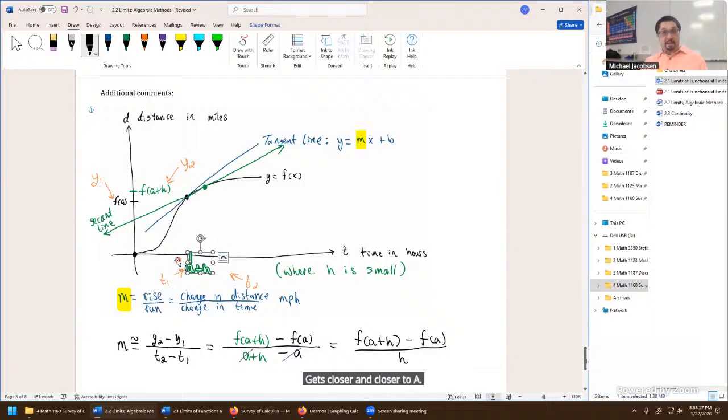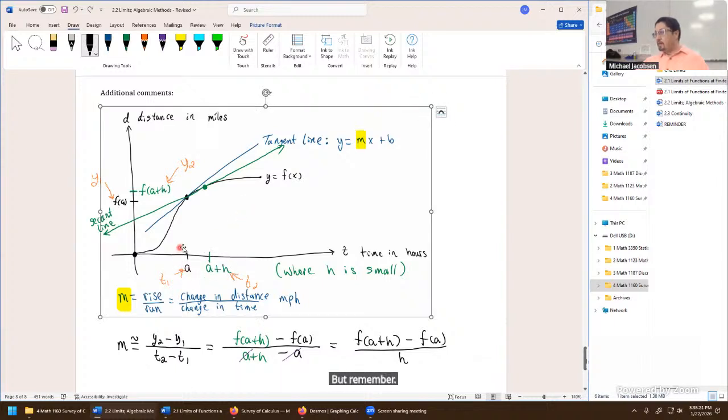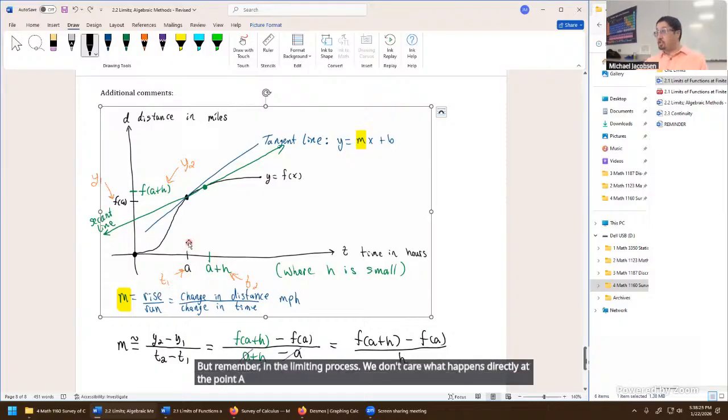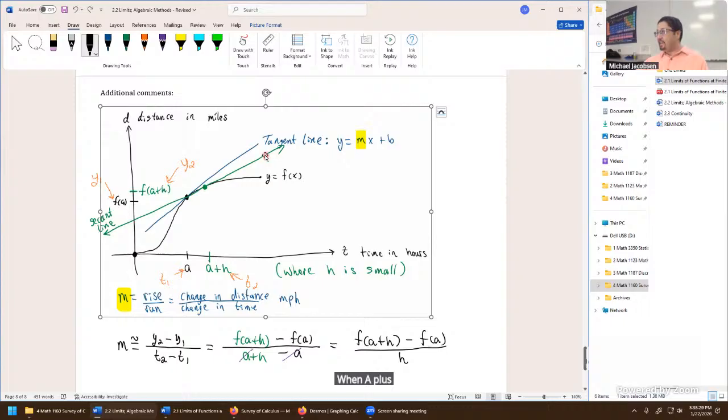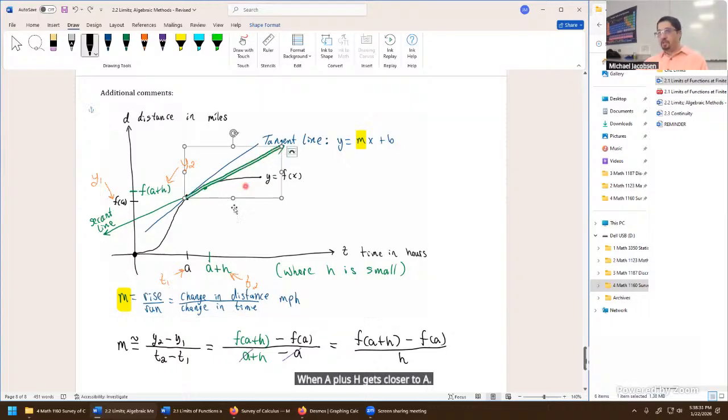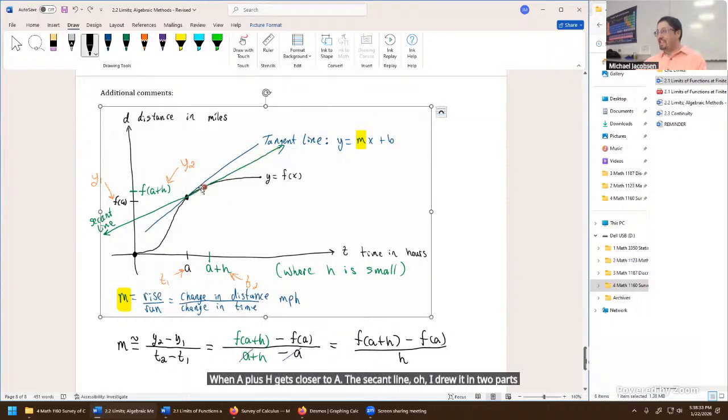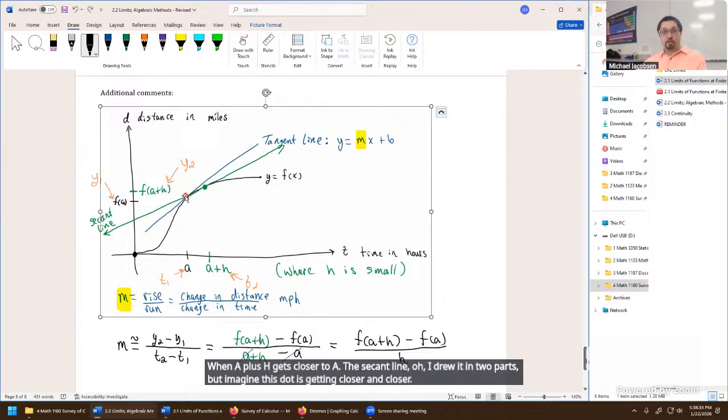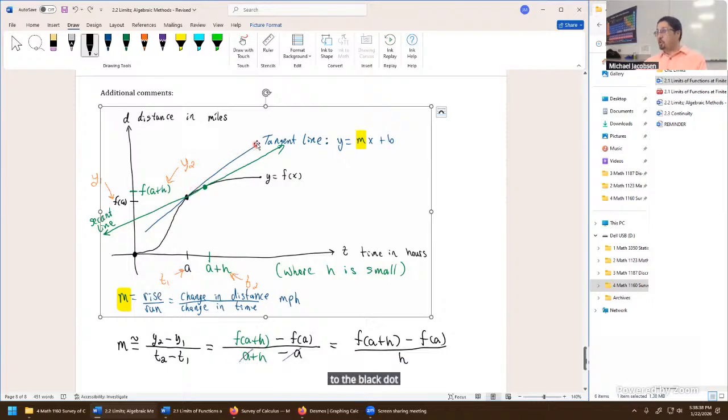You can't let it be a because you've divided by 0. But remember, in the limiting process, we don't care what happens directly at the point a itself or when h is 0 directly. When a plus h gets closer to a, the secant line, I drew it in two parts, but imagine this dot is getting closer and closer to the black dot. It becomes closer and closer to the real tangent line.